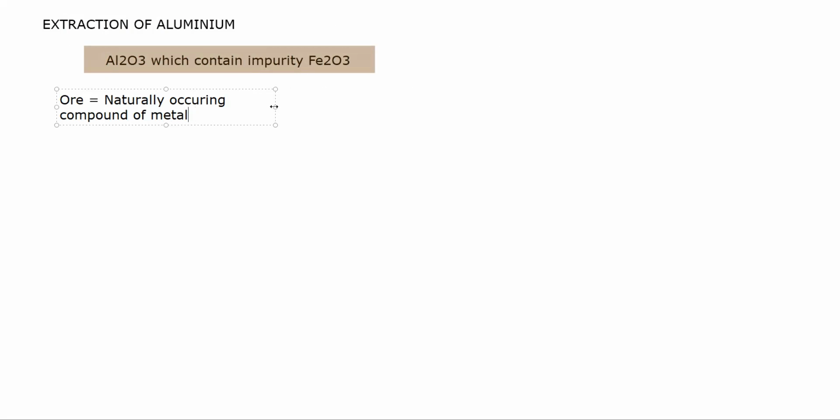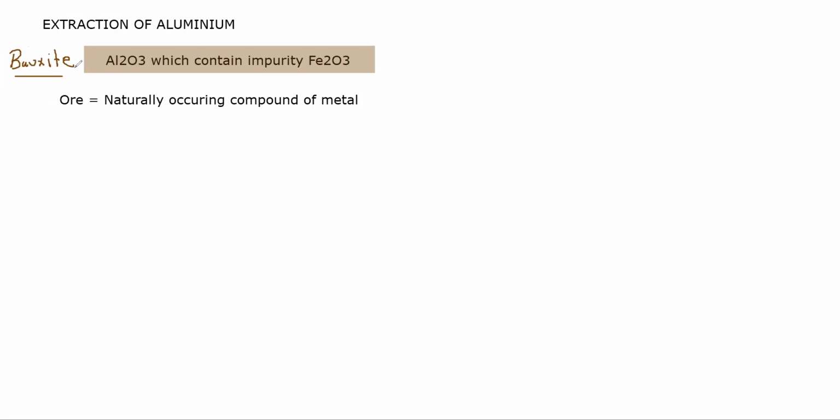So aluminium exists as aluminium oxide, and it also contains the impurity iron oxide. This aluminium oxide containing iron oxide impurity is known as bauxite. You have to learn this name. Bauxite is the ore of aluminium.